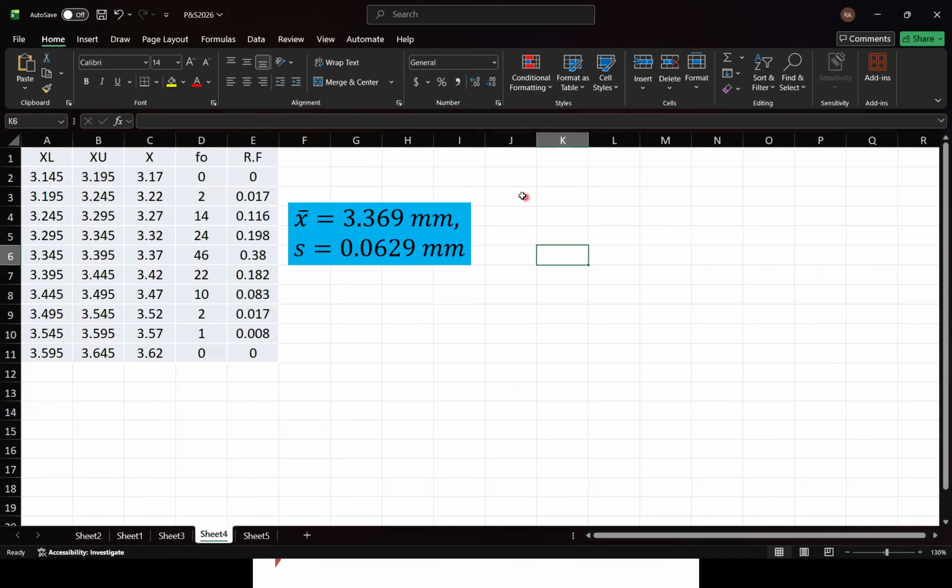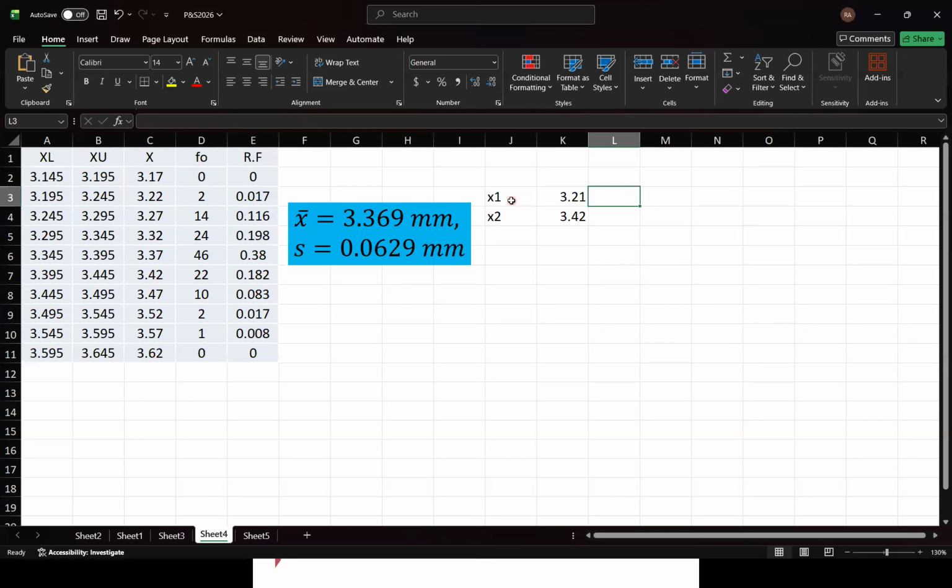I select the x1 value, which is 3.21, and the x2 value is going to be 3.42.